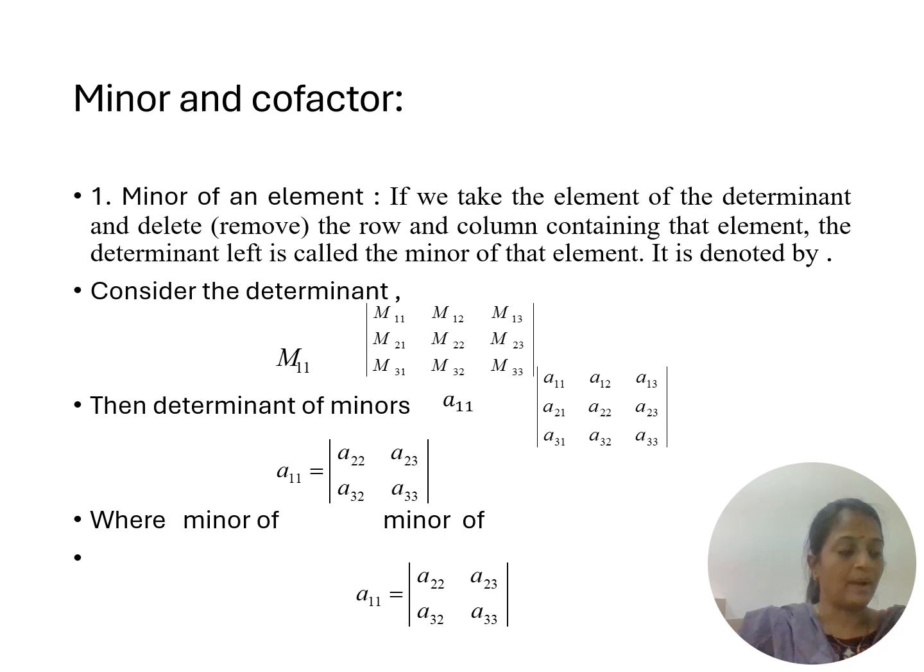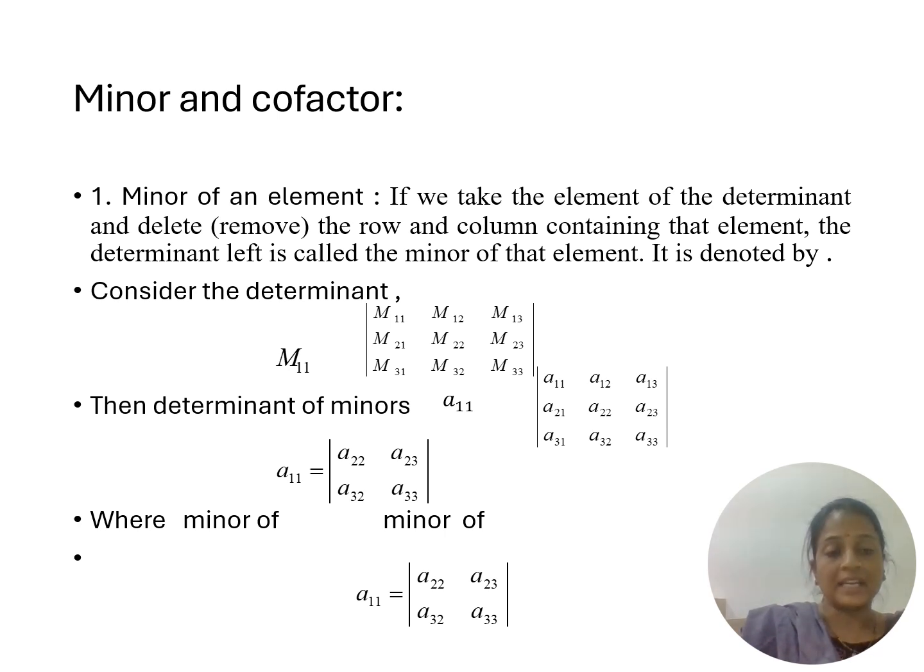Yes, next, minor and cofactor. The minor of any element: if we take an element of the determinant and delete the row and column containing that element, the determinant left is called the minor of that element. It is denoted by Mij. So these are the minors of the matrix: M11, M12, M13, M21, M22, M23, M31, M32, M33.